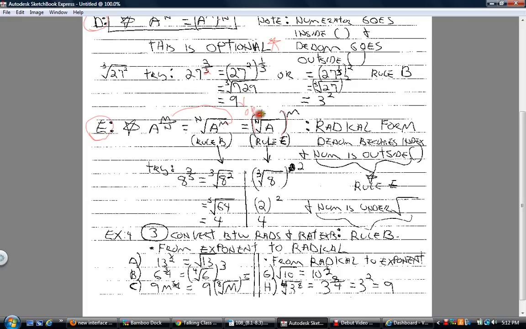You've got your choice, Rule B or Rule D. I'm just trying to highlight those again for you, and you will get the same answers. This one I rotated, took the cube root on the outside, 8 squared is 64, the cube root of 64 is 4. Over here I took the cube root of 8, got 2, 2 squared is 4, and you got the same thing.